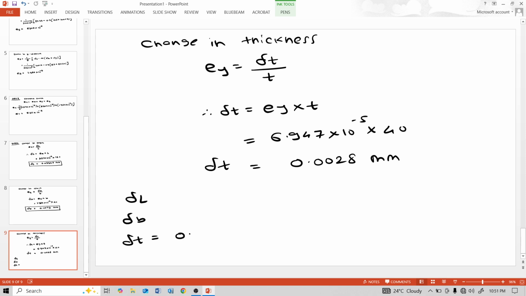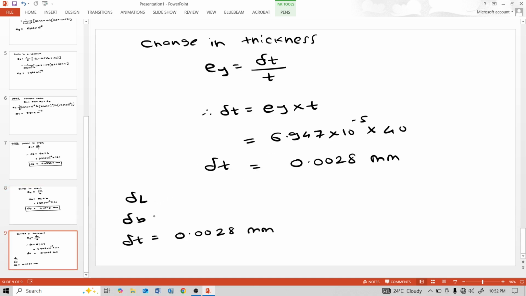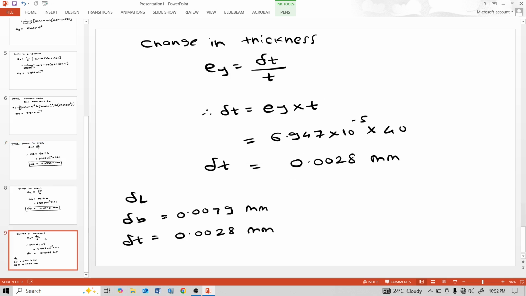Change in thickness is 0.0028 mm. Change in width is 0.0079 mm. And change in length is 0.03928 mm.